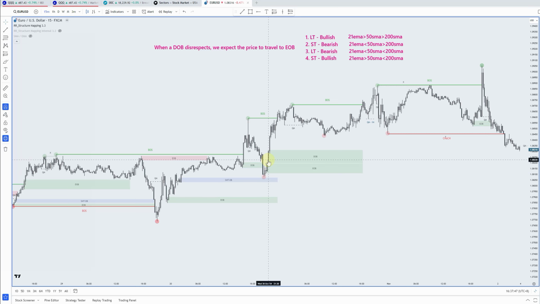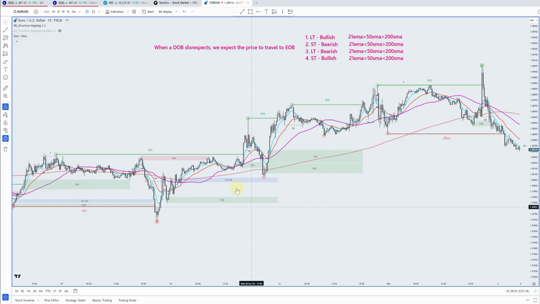But even if it is a disrespect, you are not going to blindly follow this concept. You have to put this layer into this area. So let's turn on the moving averages and see what I say.